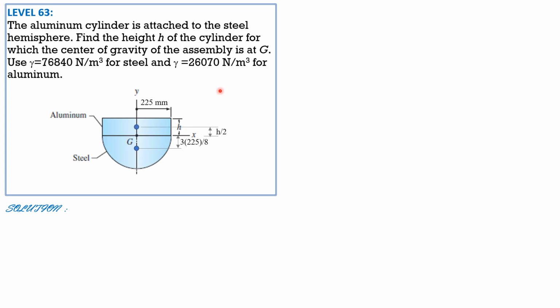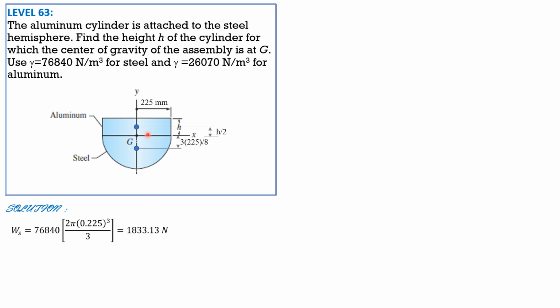For the weight of the hemisphere, it is the specific weight of steel, 76,840, times the volume of the hemisphere, which is 2/3 pi r cubed. So 76,840 times 2/3 pi times 0.225 meter cubed, which is 1,833.30 newtons.